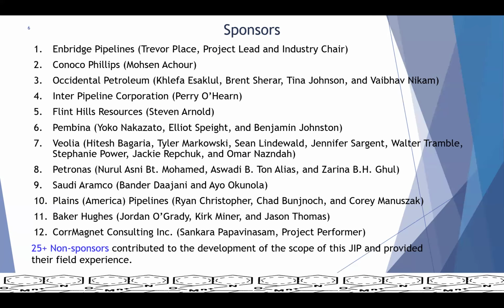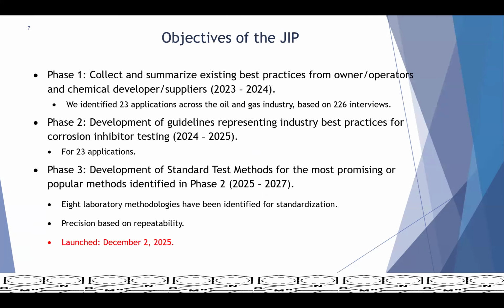As of now, we have 12 companies along with Corrosion Magnet who are supporting financially this JIP. The primary objectives of the JIP are threefold. First, to collect and summarize the existing best practices from owner operators as well as chemical developers and suppliers.